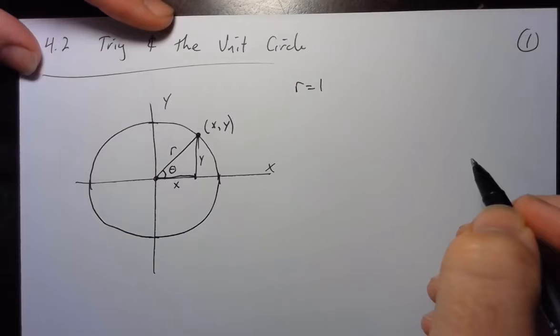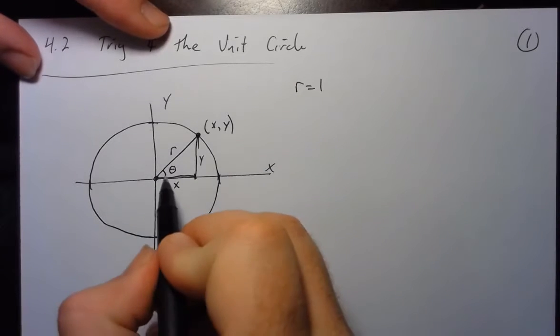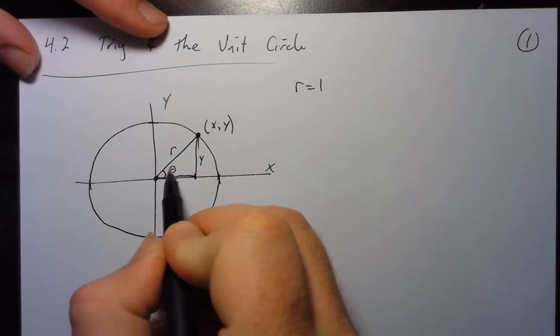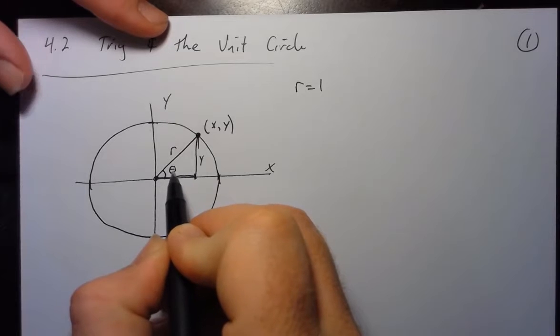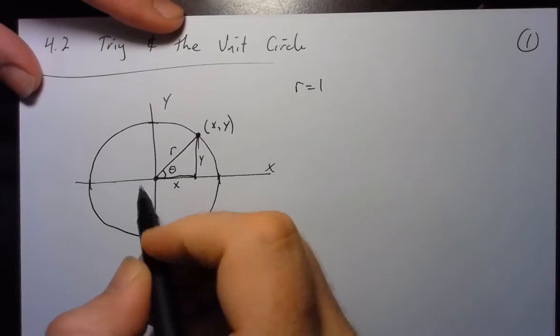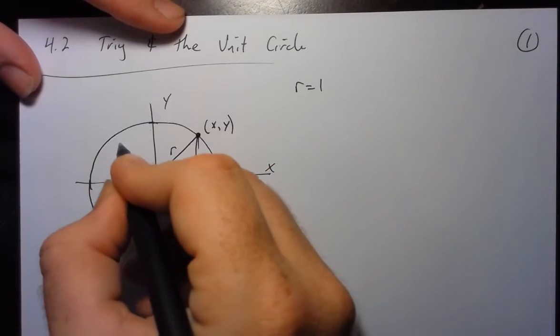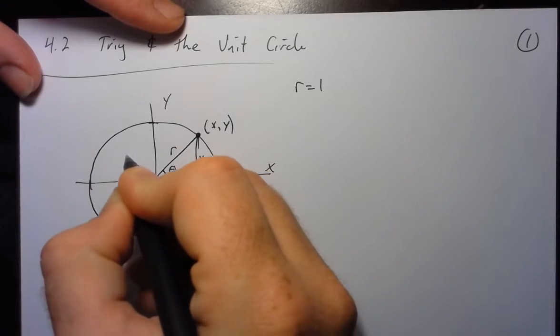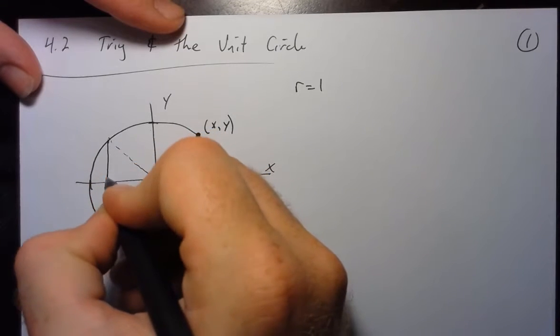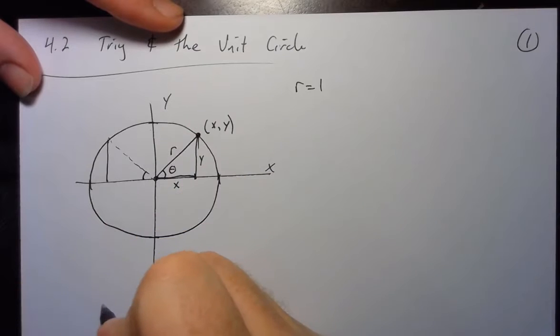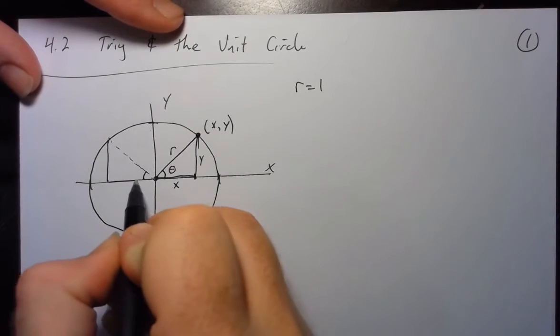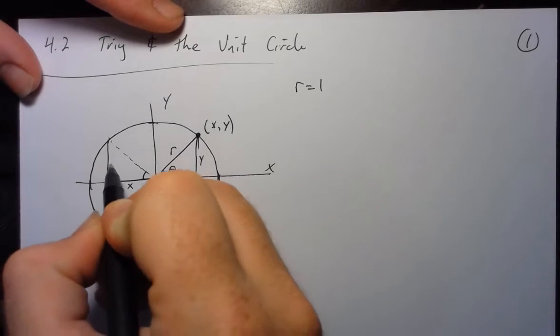Keep in mind that every triangle that we build in the unit circle has its angle in the central location of the circle. So if I were to build a triangle over here instead, the same thing's going to happen, except my triangle is going to look something like this, where this is my central angle. And again, notice that this will be an x value here and a y value here.